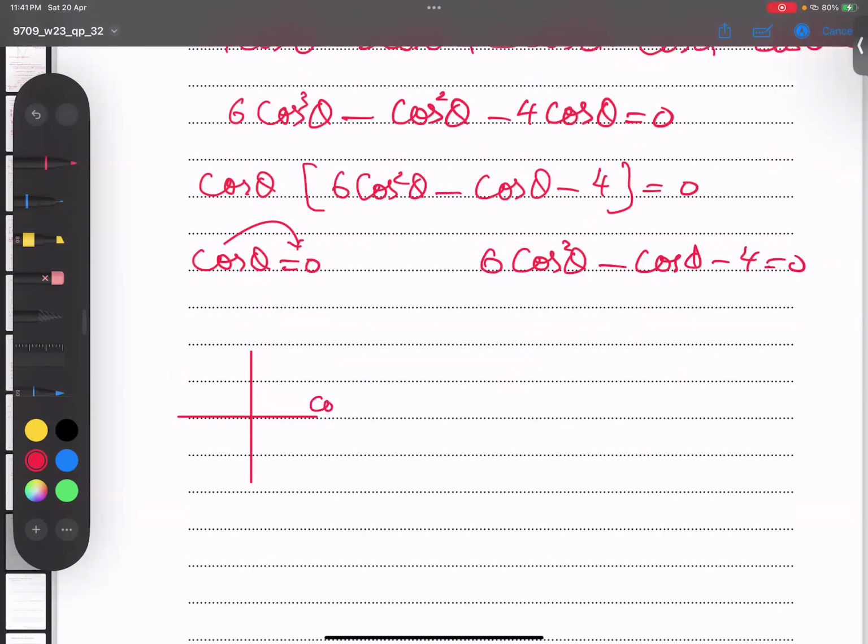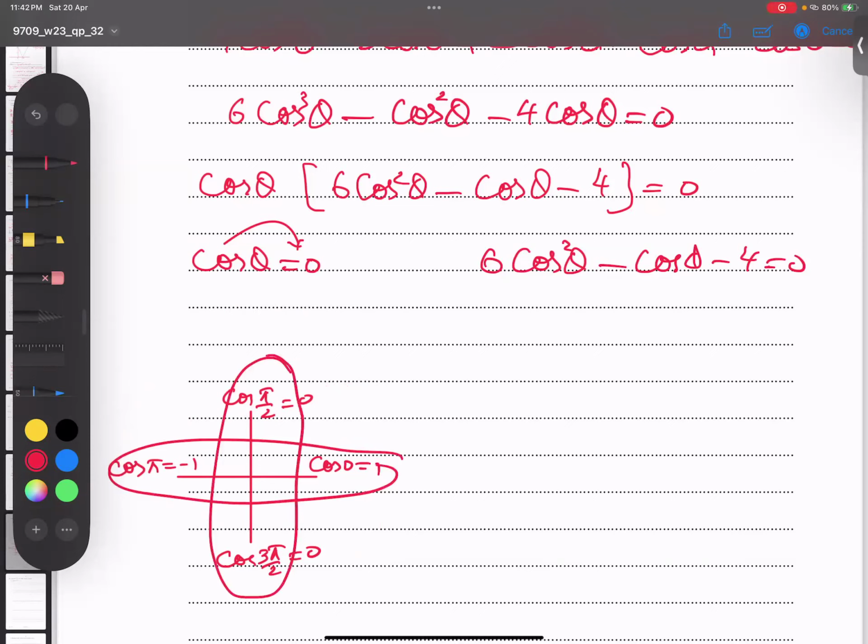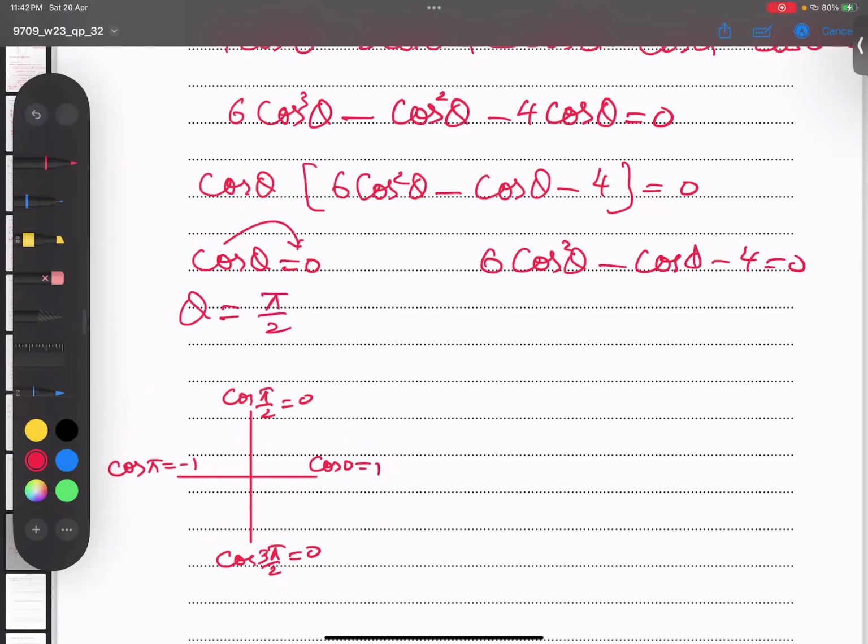For your extra knowledge, cos 0 is 1, cos pi is minus 1, cos pi by 2 is 0, and cos 3 pi by 2 is also 0. This is very important to know, and sine is total opposite: sine is 0 here, up 1, down minus 1. So when I find cos inverse, I get 2 answers, pi by 2 and 3 pi by 2. But 3 pi by 2 is out of range. So my answer is only pi divided by 2.